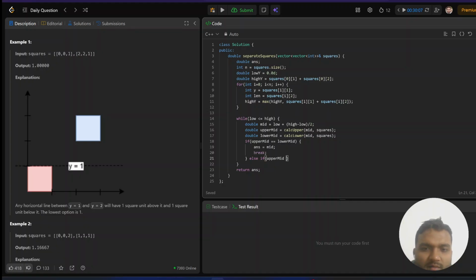Else if upper mid is greater than lower mid. If upper mid is greater, then what can we do? We can do traditional binary search. I mean there is no traditional binary search. If upper mid is greater, that means we have to shift mid to the upper side, a little bit upper.